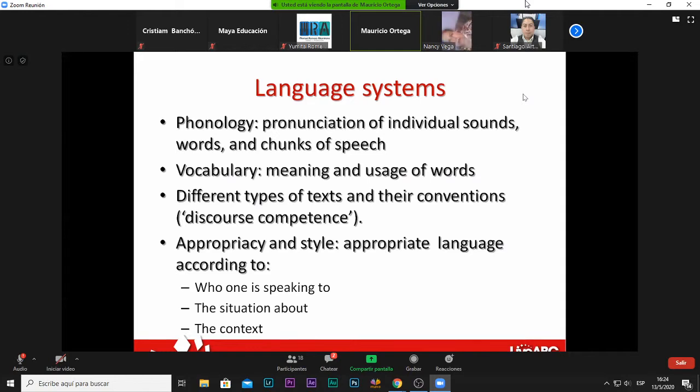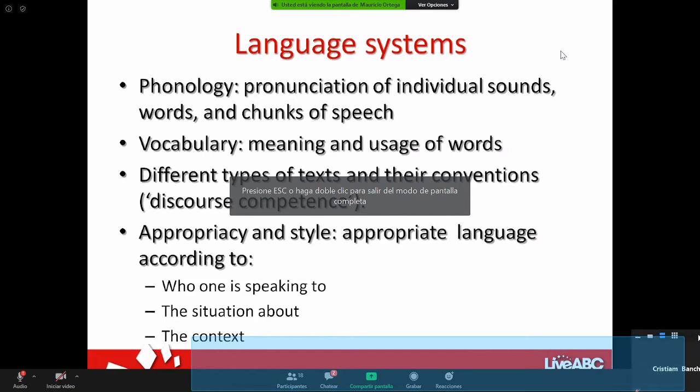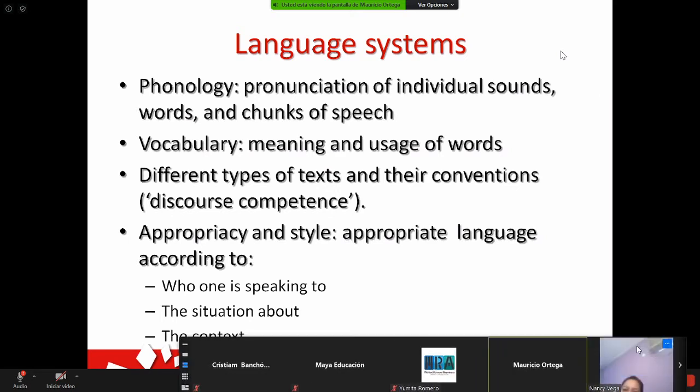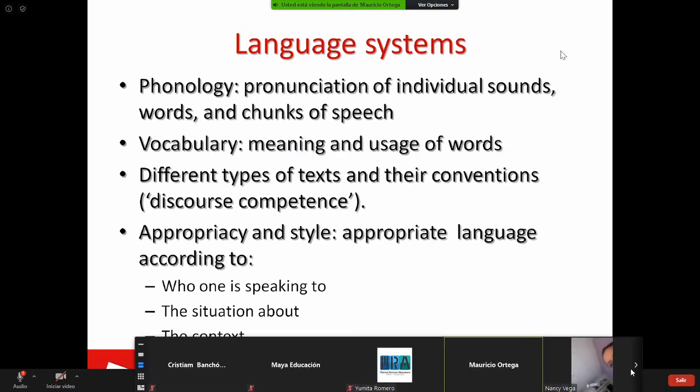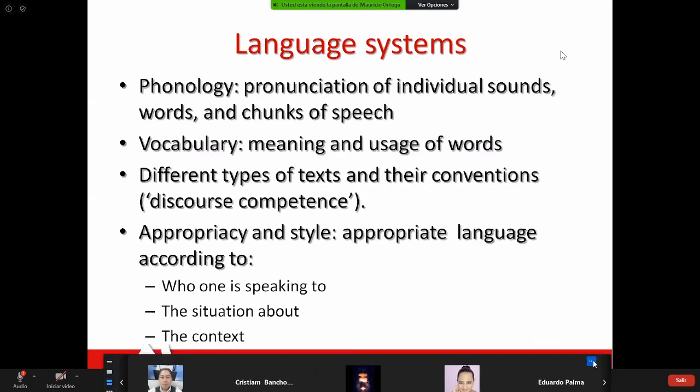We also have to check a little bit about appropriacy and style. Appropriacy is a lovely word, quite English, quite British, a little bit difficult to spell. But beautiful because it tells me how I should perform depending on who I am talking to, my context, and my situation, which are the sub bullets that you see here.